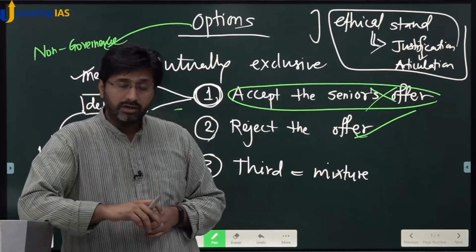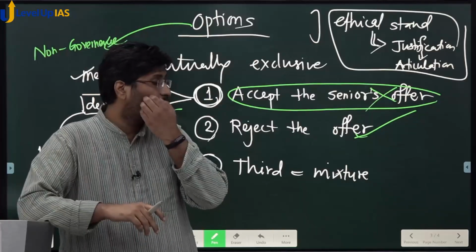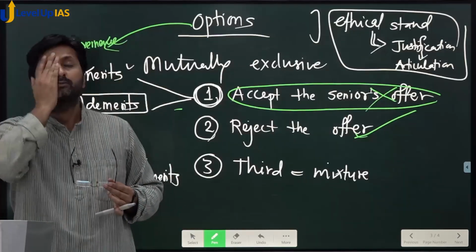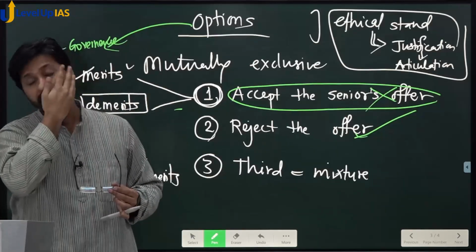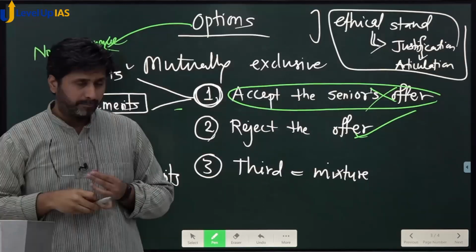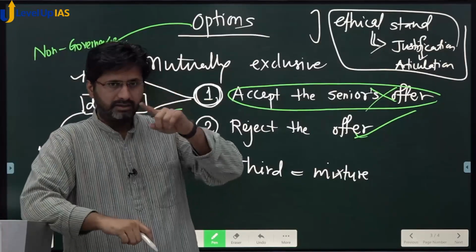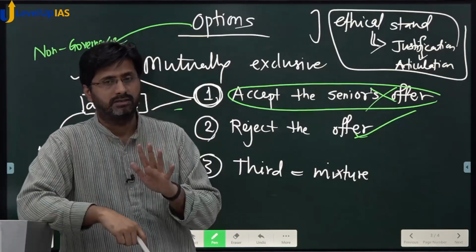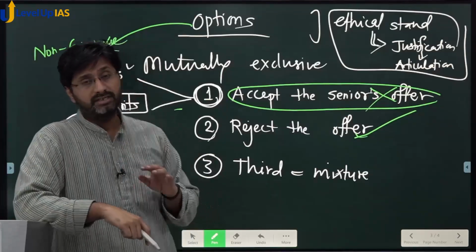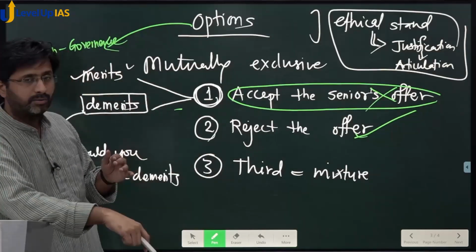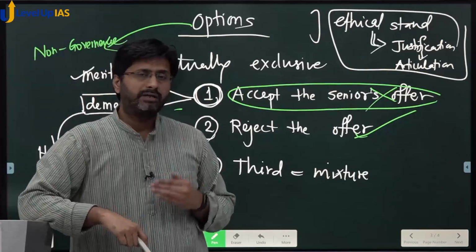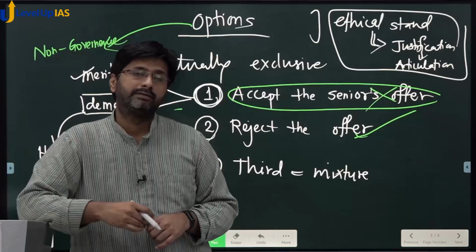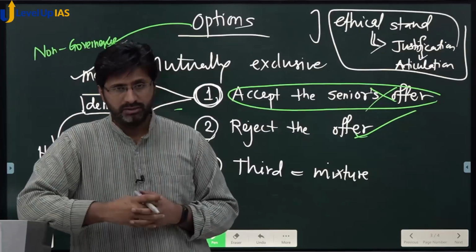Now they might not have asked that because sometimes what happens, you have 4-5 mutually exclusive options. In that case obviously you are not expected to, it depends on the overall formulation of the question. But in your life also, taking a decision is one aspect and implementing that decision is another aspect. Okay, so your decision is based on your ethical moral principles and implementing it is about your skill, about your ability to implement whatever you think is right.